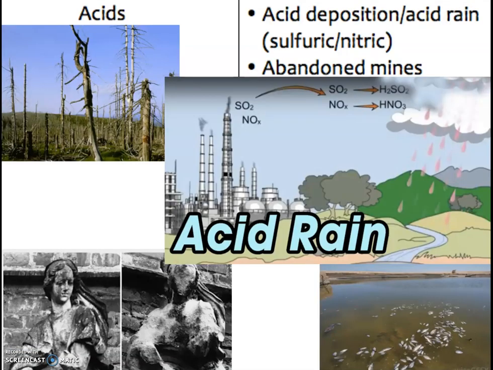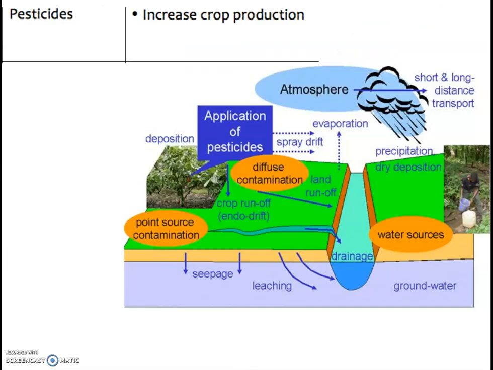Acid rain we spend a lot of time with. So we have that coal in particular that puts the sulfur into the air. We also can have cars that put nitrates into the air, which is going to make that acid rain, which is going to make our water more acidic. We can have pesticides, which can be a pollutant.